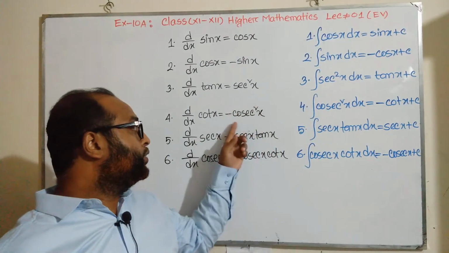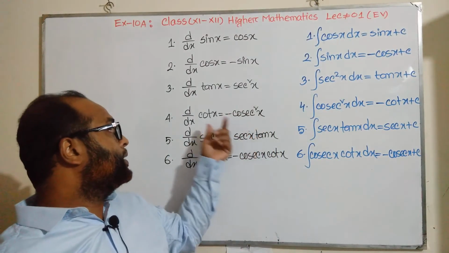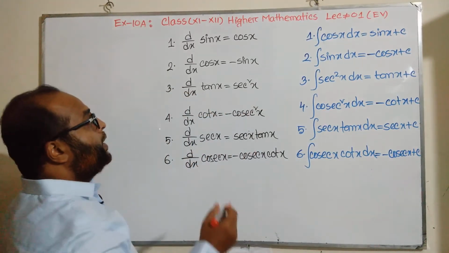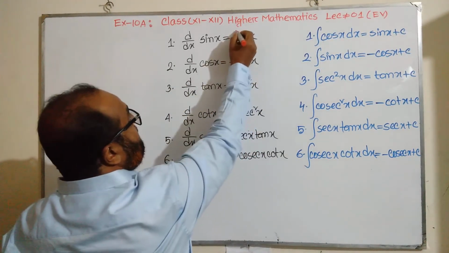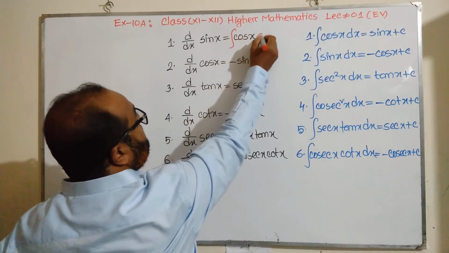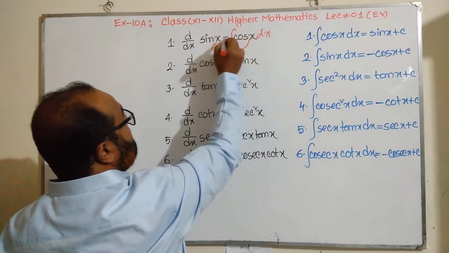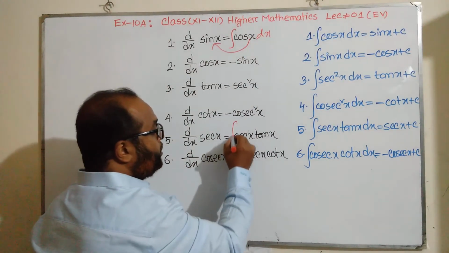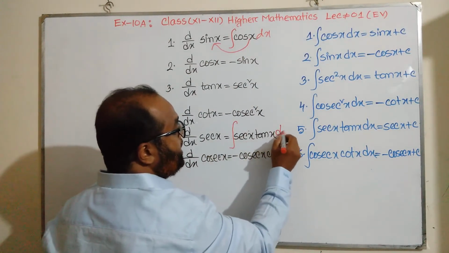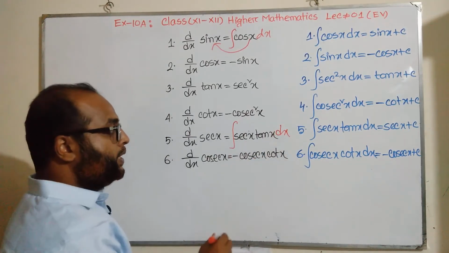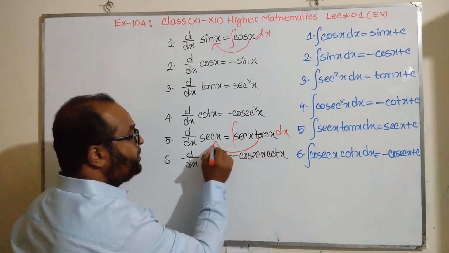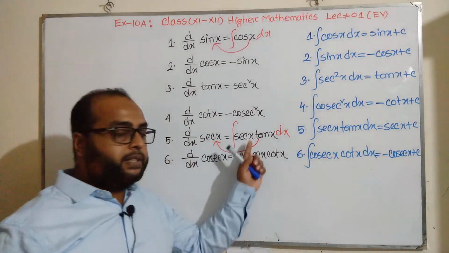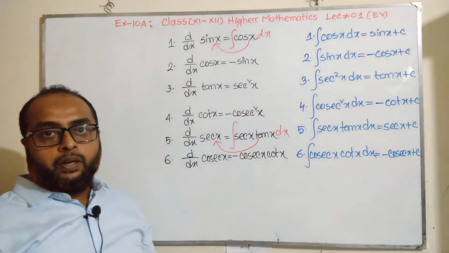So integration of cosec square x is cot x. You can remember this by writing integration of the function with dx, and the answer of this function. Similarly, integration of sec x tan x dx gives sec x. You can memorize it this way.